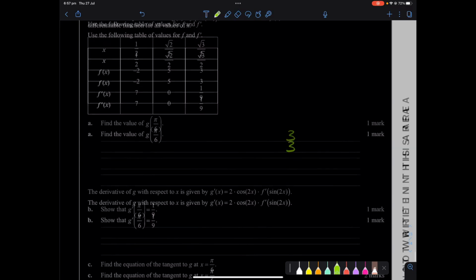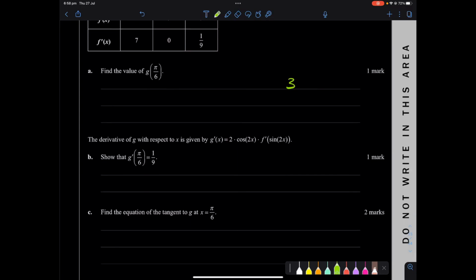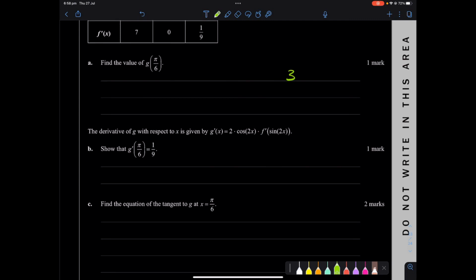Next question. The derivative of g with respect to x is given by this. Show that g dash of pi over 6 is equal to 1 on 9. It's only 1 mark. So g dash of pi on 6 has cos of 2x, which becomes cos pi on 3. What's cos pi on 3?